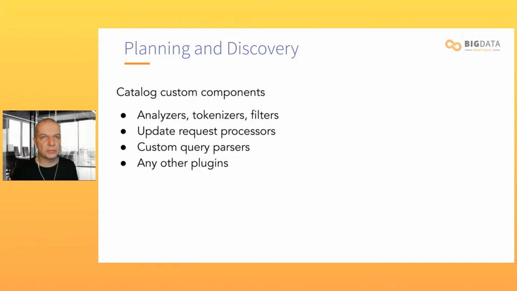We need our update request processors to be documented. We don't have update request processors in OpenSearch. We need to somehow migrate to a different functionality, still providing us the same or more features on top of the search engine. Custom query parsers, if there's something that we use. Are there any plugins that we use on top of Solr?